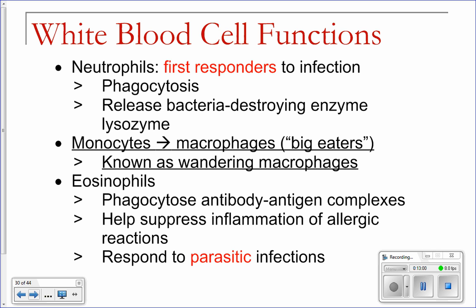EpiPens are not full of eosinophils, but it's actually full of adrenaline. So what happens in an allergic reaction is your body overreacts to something, like a bee sting. Your white blood cells see that bee venom as something that is going to kill you immediately if it's not dealt with right now. And so it just attacks it, right?